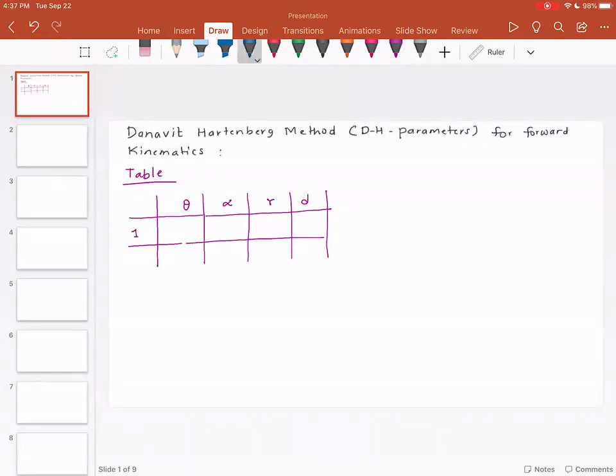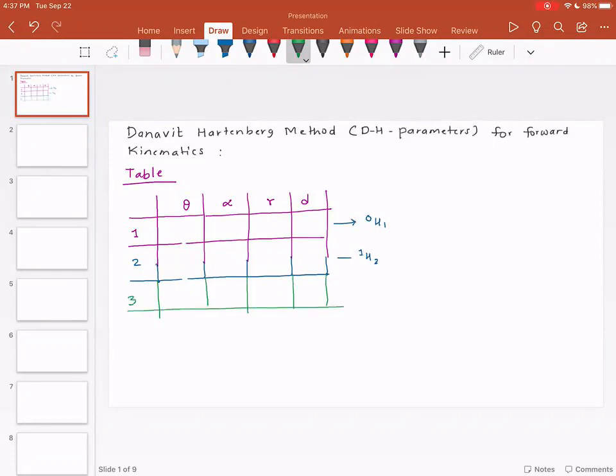This row 1 will be responsible, or these parameters we will use, to find 0H1. There will be row 2. In this row 2, there will be some theta 2, some alpha 2, some r2, and some d2 that will be used to find 1H2. Similarly, there will be a row 3, and in this row 3, you will find theta, alpha, r, and d that would help you construct 2H3.